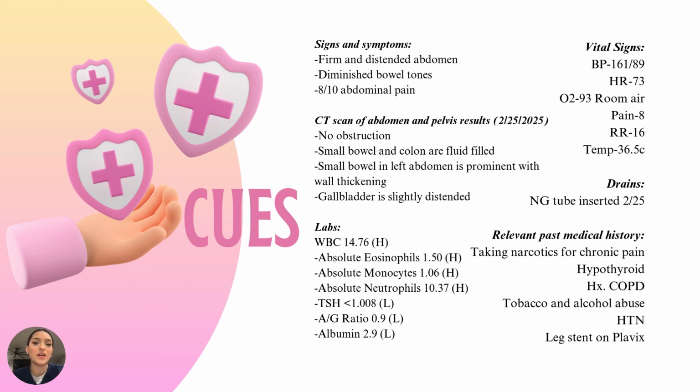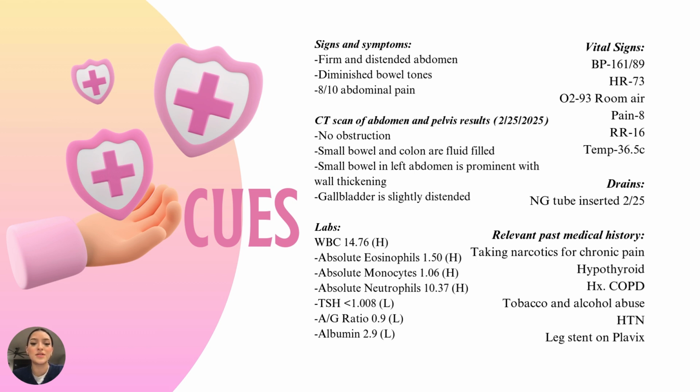They did not find an obstruction, but they did find some fluid in his small bowel and colon. His small bowel in the left abdomen was prominent with wall thickening, and his gallbladder was slightly distended, but no obstruction per the CT scan.